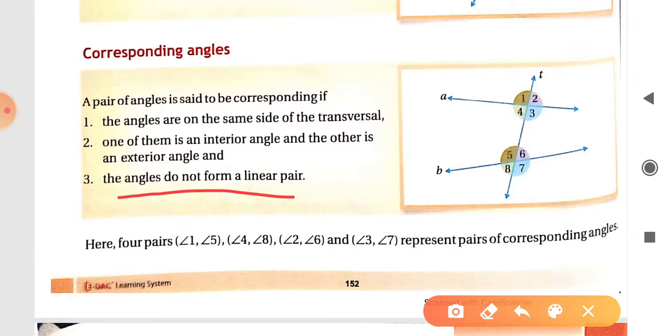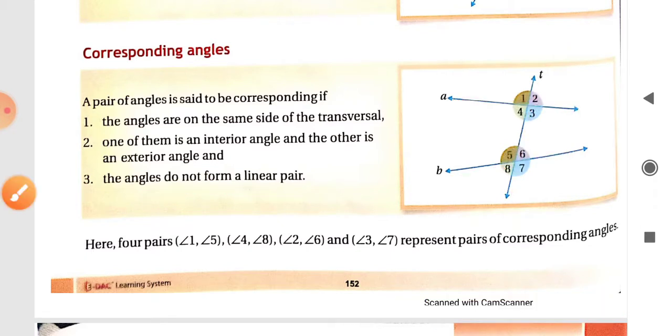In this example, A and B are lines and T is intersecting these lines. Here some angles are colored with the same color, that is angle 1 and angle 5. So these are corresponding angles. Angle 2 and angle 6 have the same color.